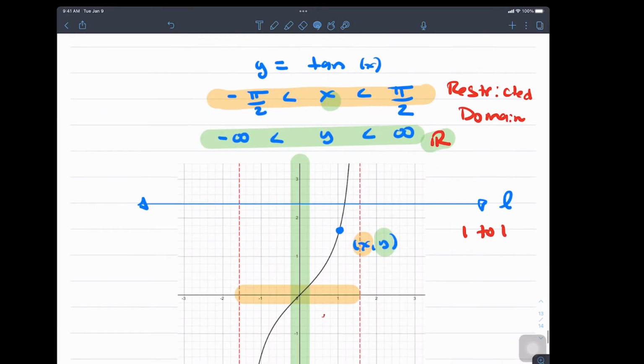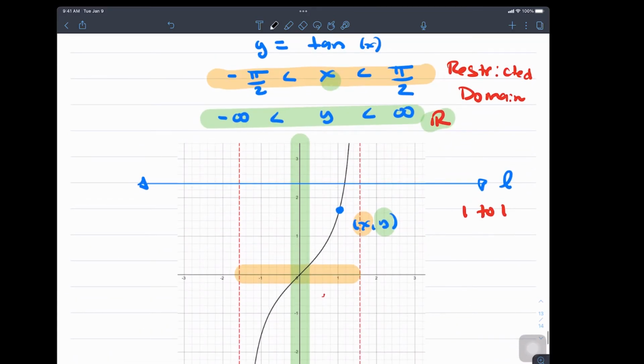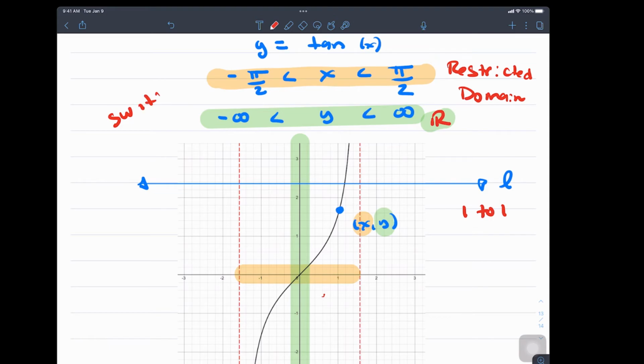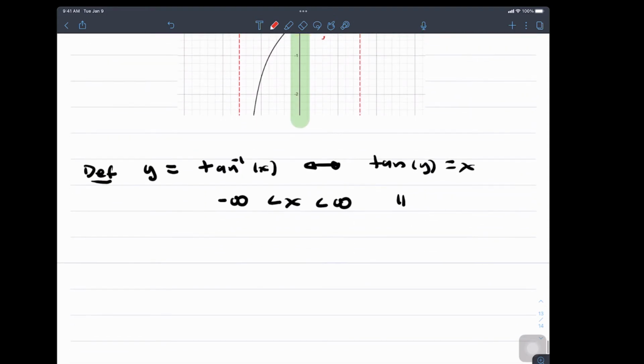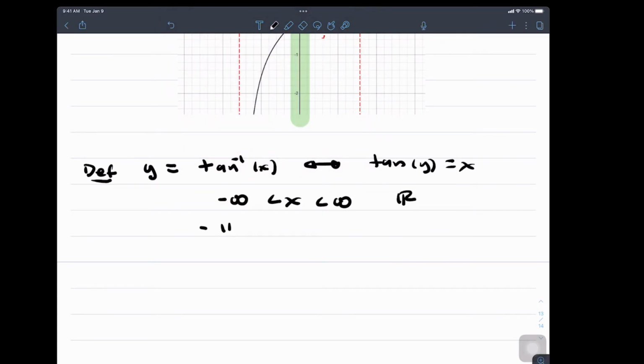Okay, now if you switch your domain and range, now your x value is what? All real numbers, because that's switched. And the y values, right up in here, I'm looking at domain and range. We're switching these things. So you say, okay, then my range is from negative pi over 2, or yeah, here's my. Okay, you guys okay with that?